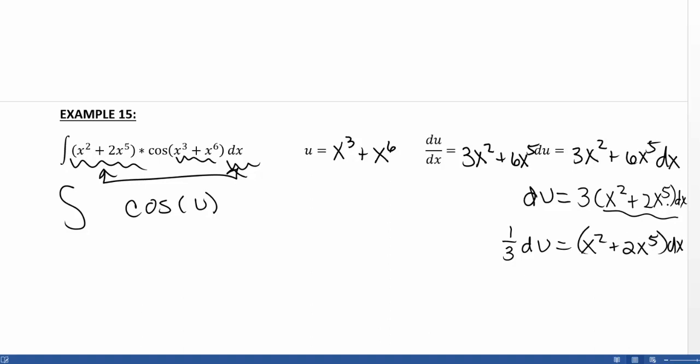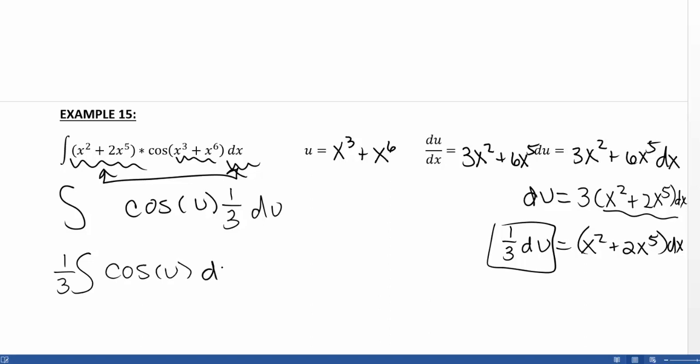Now what's on my right hand side matches exactly what's in my antiderivative. So here I can substitute in a 1/3 du. I like to pull my constants out front, so I pull the 1/3 out front and I get cosine of u du.